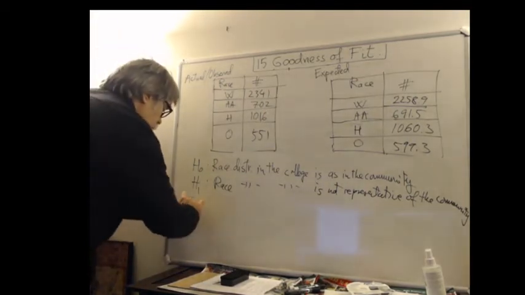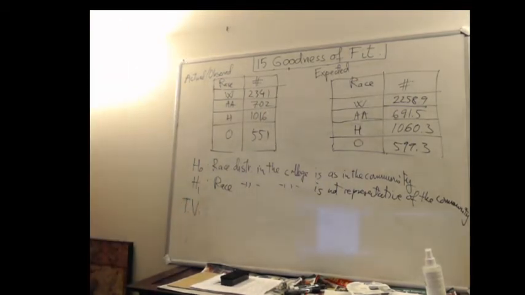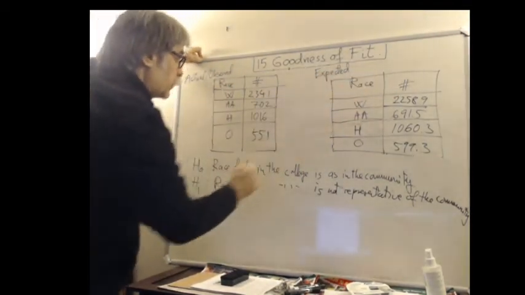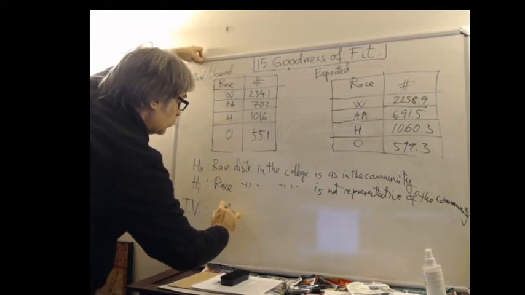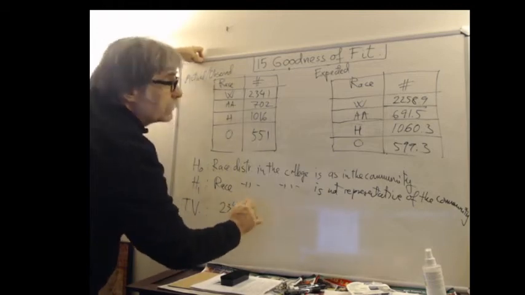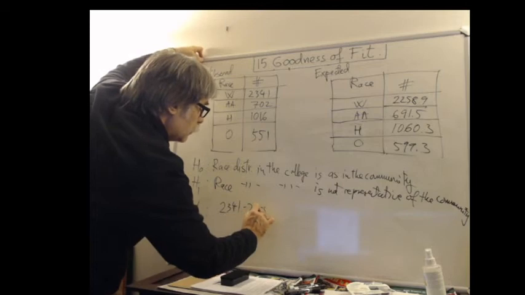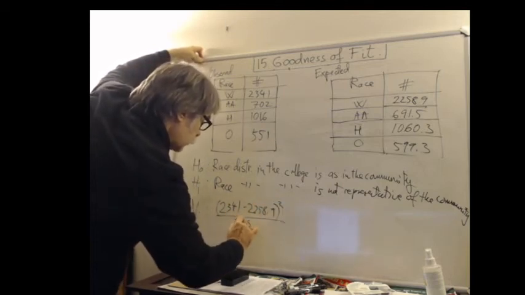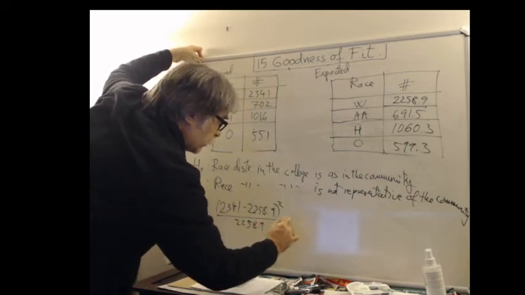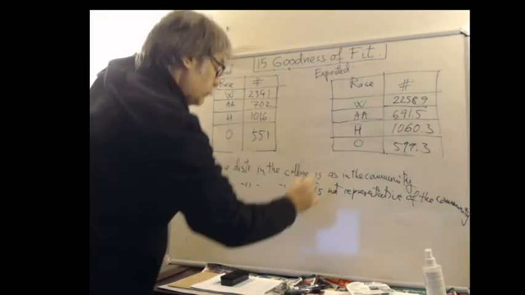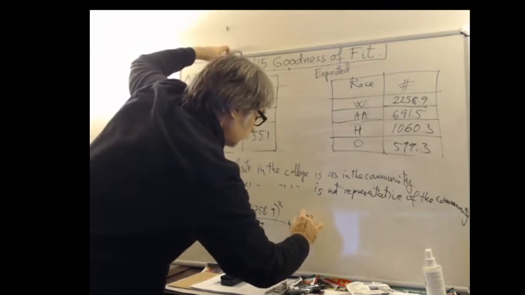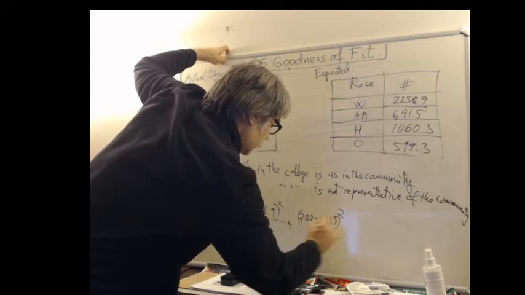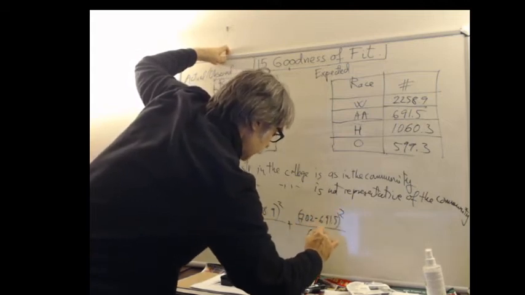Test value. Okay, now the test value is the story that we have. So this number minus this number, squared, divided by this number. We have the observed minus the expected, square that, divide by expected, plus the second number, 702 minus that one, over that, 691.5, square that, divided by 691.5.